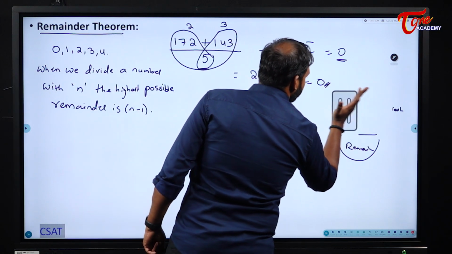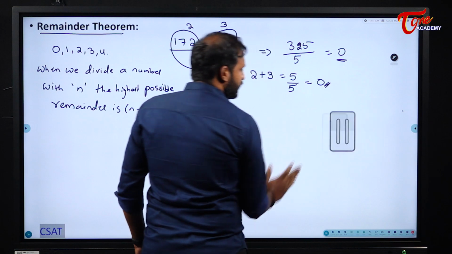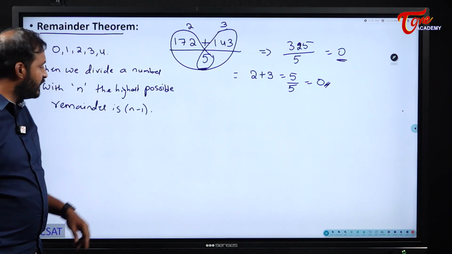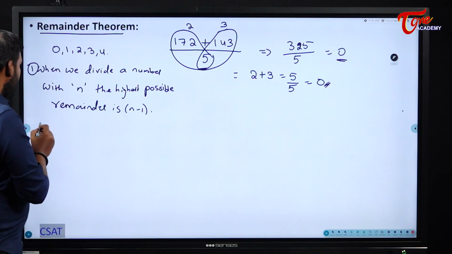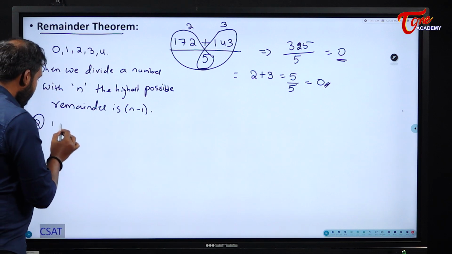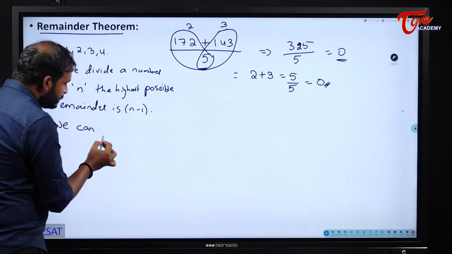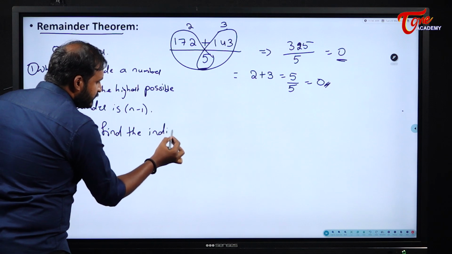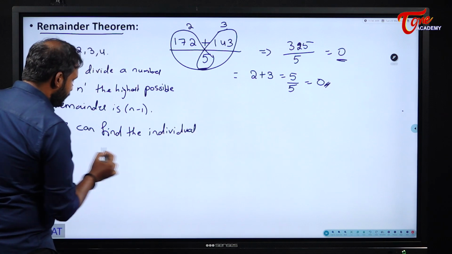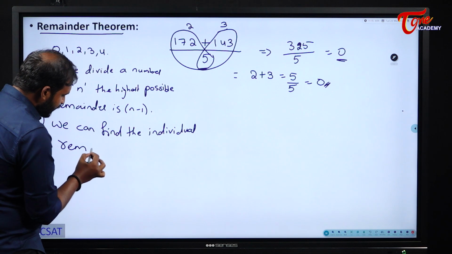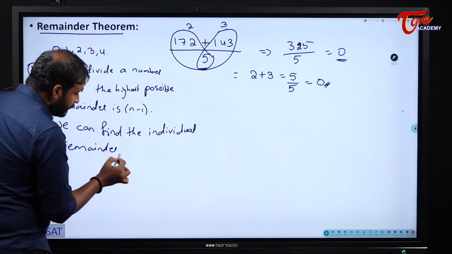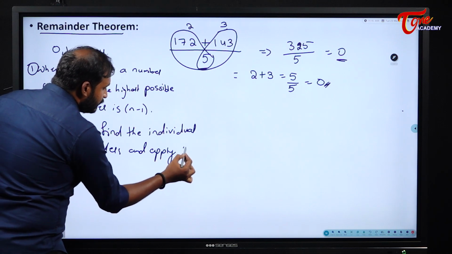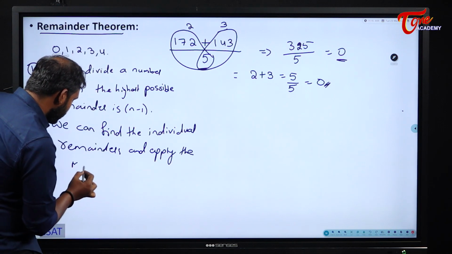So the first principle of our remainder theorem, the general observation, is that when we divide a number with n, the highest possible remainder is n minus 1. And the next one is, we can find the individual remainders and apply the mathematical symbol between them.